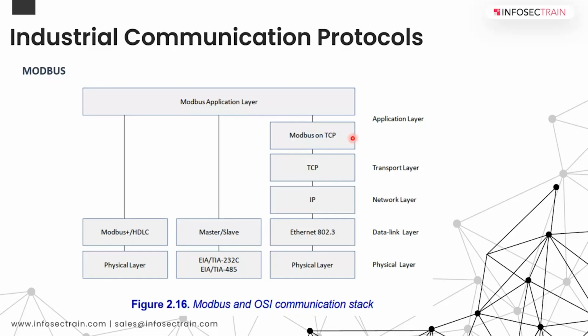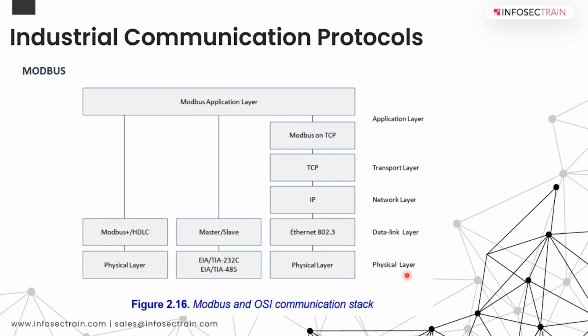So this is Modbus on TCP, and this is for RS-232, RS-485. With RS-232, only two devices, the master and slave, can communicate. When you have RS-485, you can have multiple slaves, multiple devices that you can connect. But again, they were serial communication. This didn't take off that much, but there are certain applications.